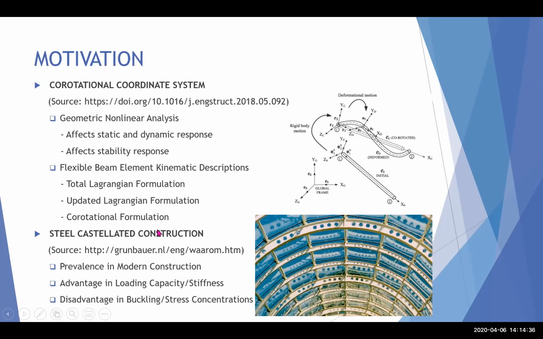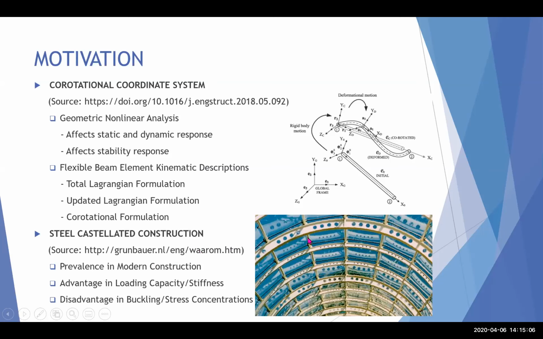Now, the reason why I'm using steel is that it's very prevalent in modern construction. These can be found sometimes in hospitals, warehouses, and mostly in industrial buildings. What's great about it is architects find it aesthetically pleasing, and the holes that you see can also offer some flexibility.